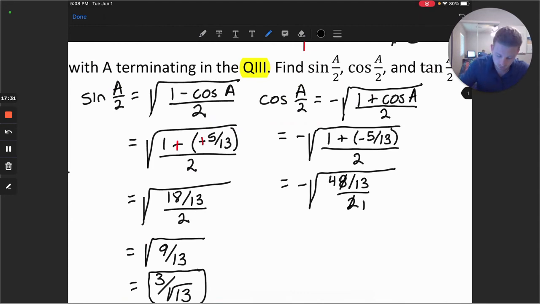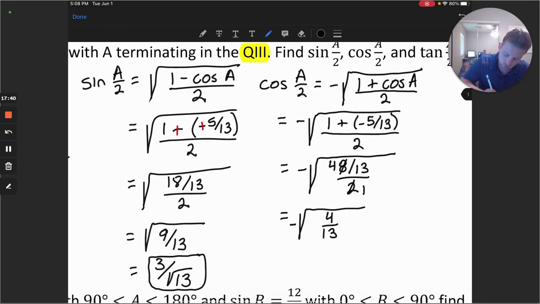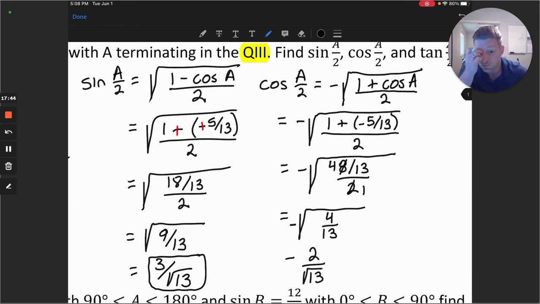So we'll have 4 over 13. Or this will happen to be negative 2 over the root of 13 with that perfect square coming out. Since 4 is a perfect square in the numerator, we can pull it out as a positive 2 without the root. So there's our result for the cosine.